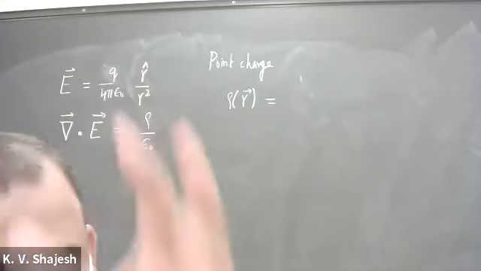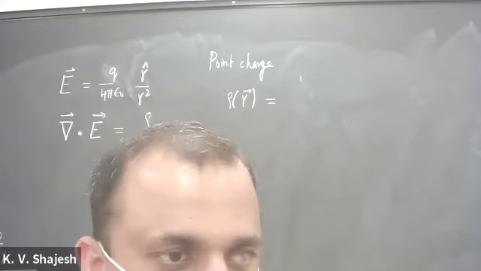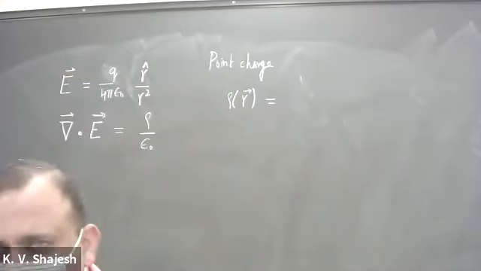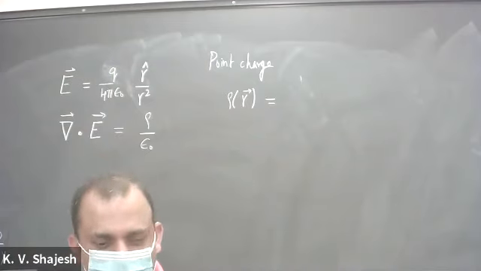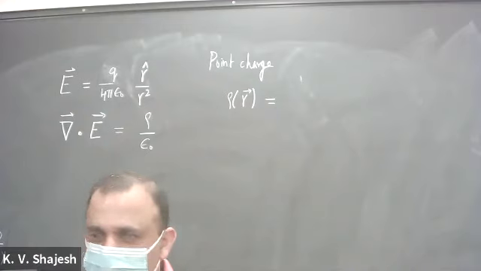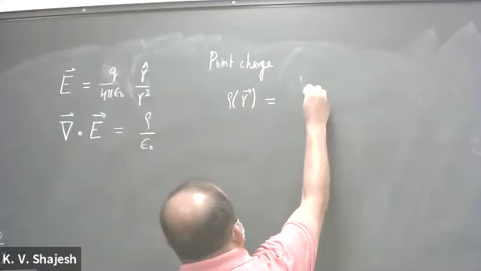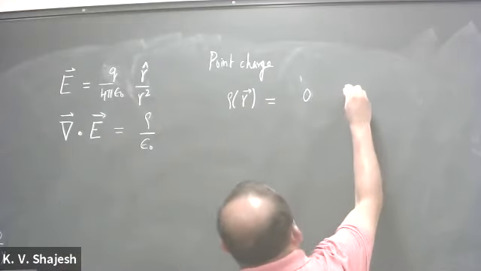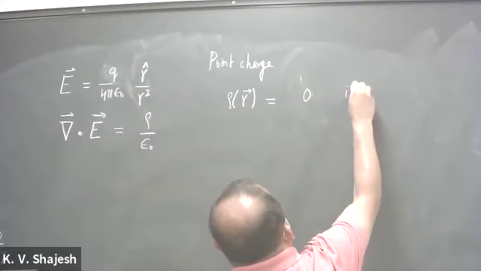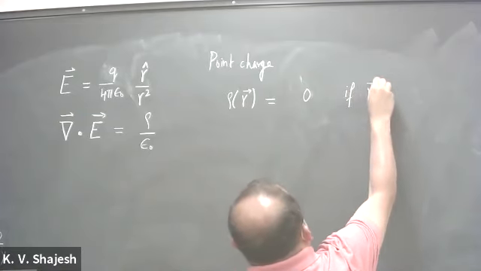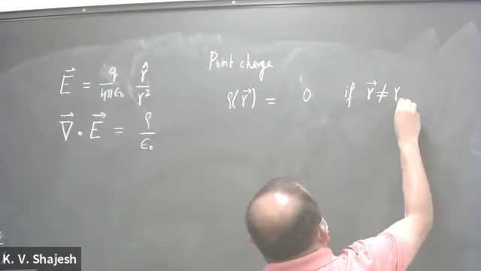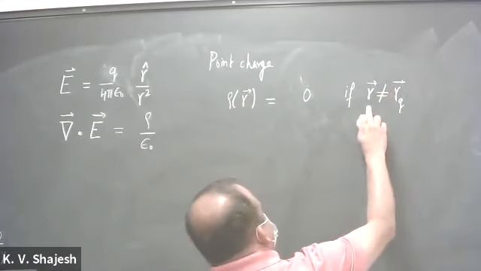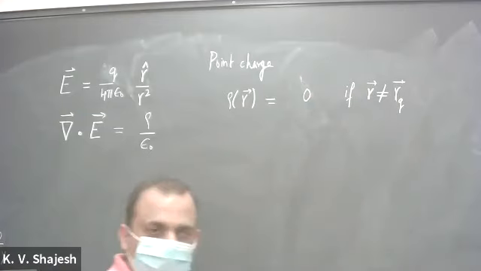I can take any volume I want anywhere and it will all be zero, right? Except if I were to have the volume enclosing this, but I said it's a point charge. There's really small charge, and the volume also can be really small. So it is zero everywhere, almost everywhere. Like if r is not equal to the position of the charge itself. So this is a variable r, and this is the position of the charge itself.